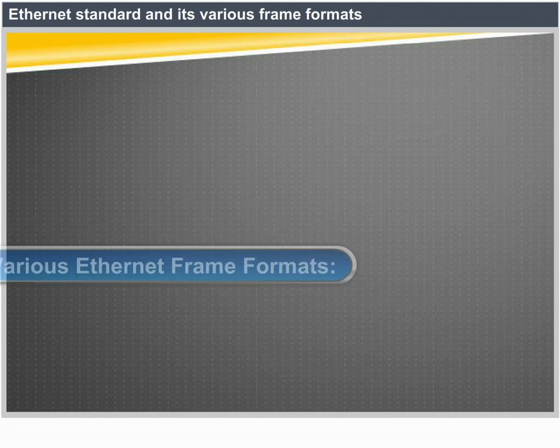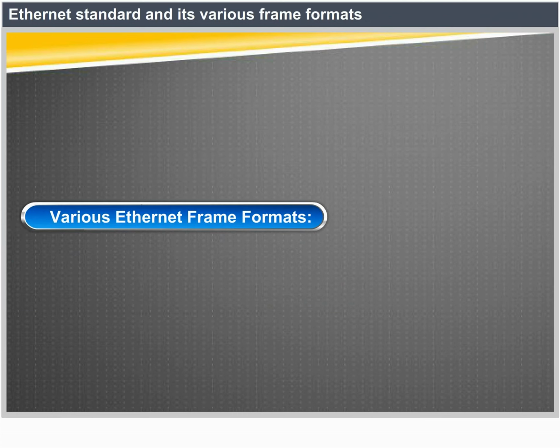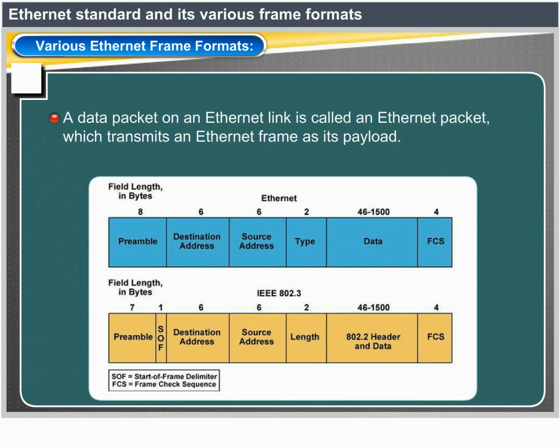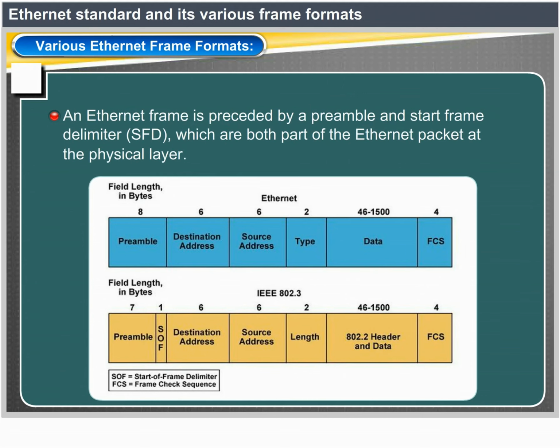Various Ethernet frame formats. A data packet on an Ethernet link is called an Ethernet packet, which transports an Ethernet frame as its payload. An Ethernet frame is preceded by a preamble and start frame delimiter (SFD), which are both part of the Ethernet packet at the physical layer.